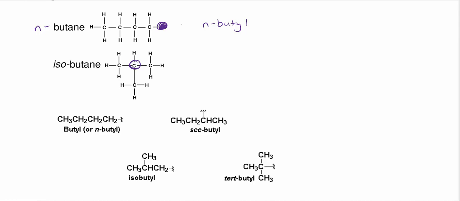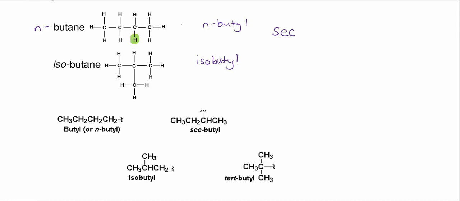And when we remove one of the primary hydrogens off of isobutane, what we form is called an isobutyl group. If we remove a secondary hydrogen, that would be one of these from butane, then we have a new prefix that we need to add to it, and that is sec.